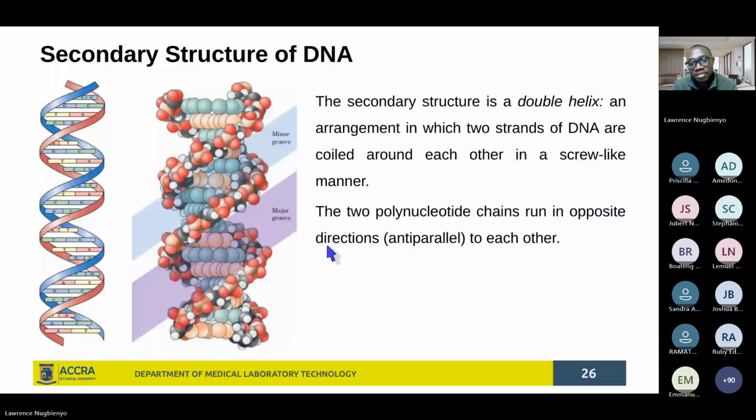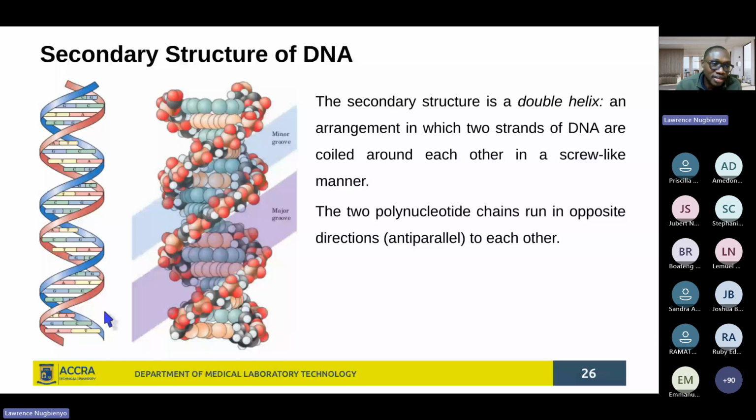In first year, when you did biological chemistry, I believe you did structure of proteins and saw the secondary structure of proteins, which was an alpha helix. That was a single peptide chain winding like a ribbon, having that right-handed wind, twining up. Now you are having a DNA which is double-stranded.